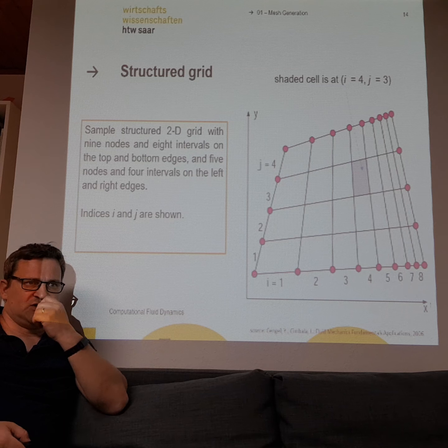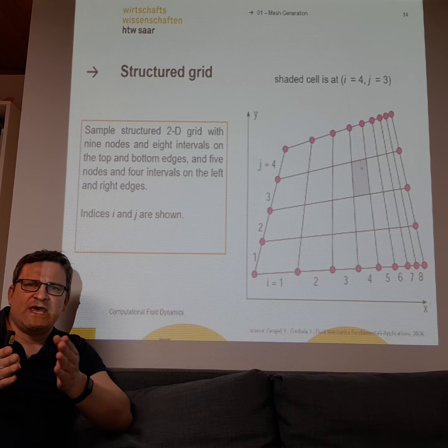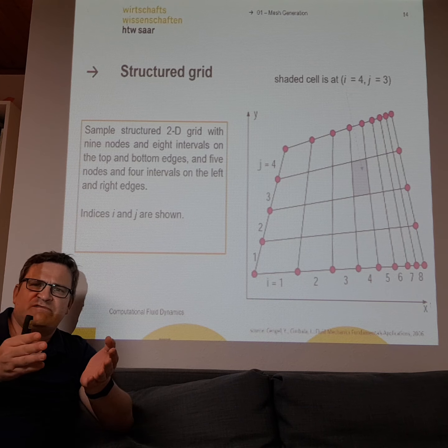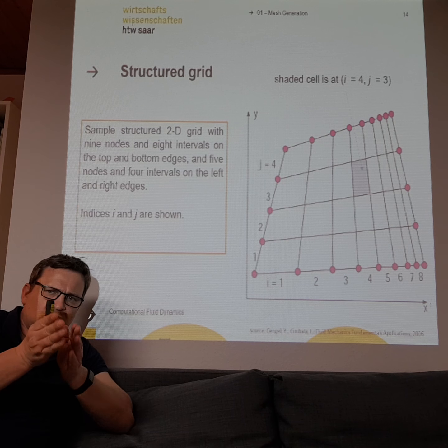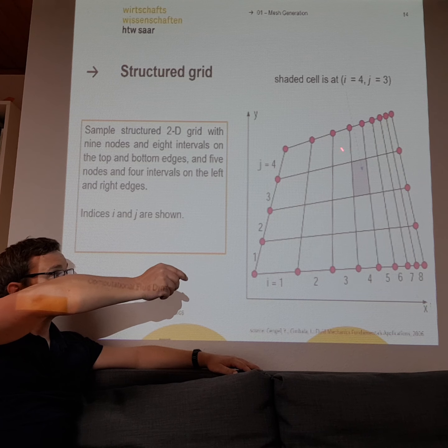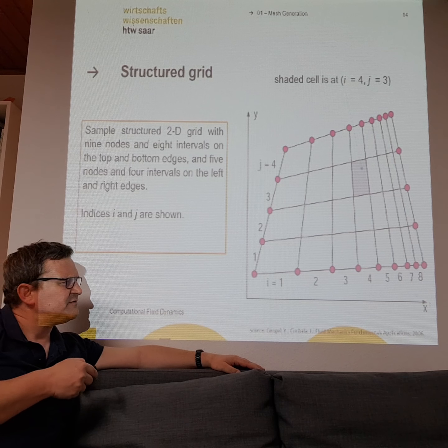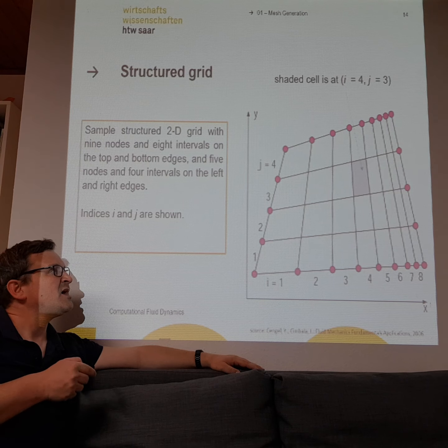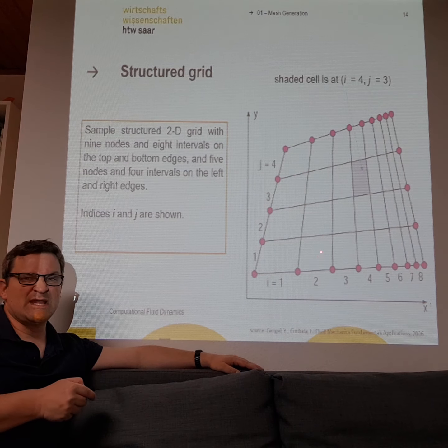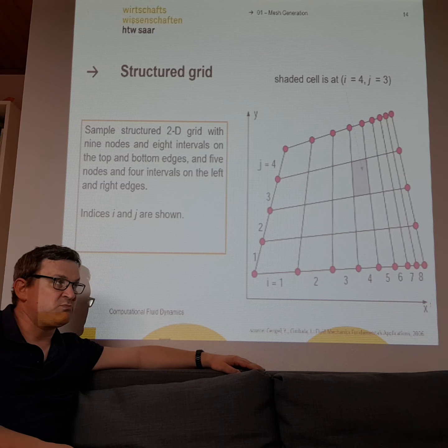So let's have a look. I told you a bit about hexahedral meshes, and more or less hexahedral meshes are a bit easy. Yeah, you have like a checkerboard. Every cell has a neighbor at each side, and it's a bit like a coordinate system. If you have your coordinate system x, y, and you have your mesh inside, you can easily calculate every coordinate if you know the deltas between the mesh points.